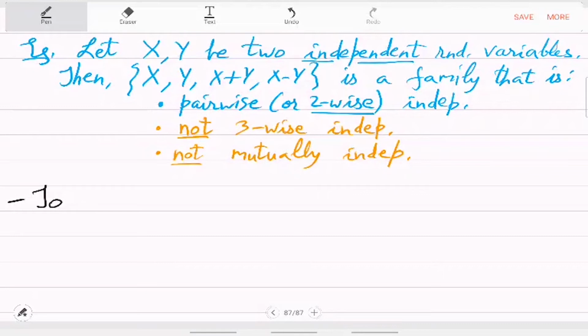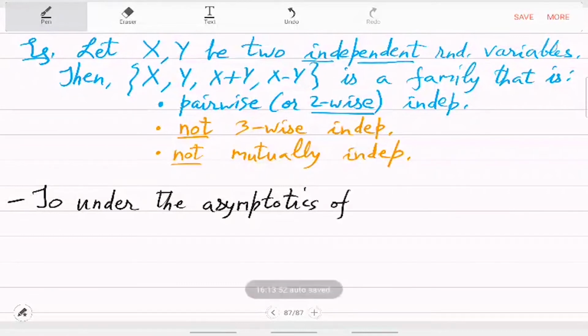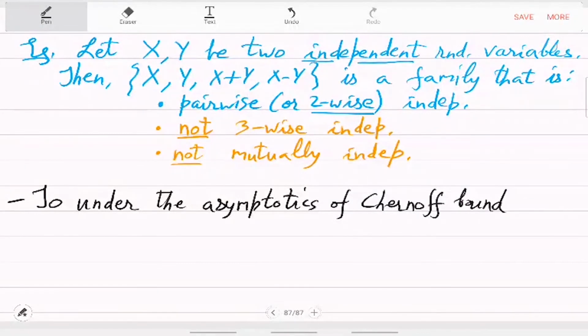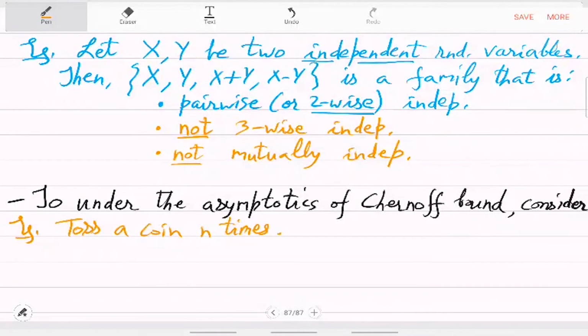Let us go back to the Chernoff bound. To understand its asymptotics, consider the following example. Toss a coin n times, and let S be the number of heads.